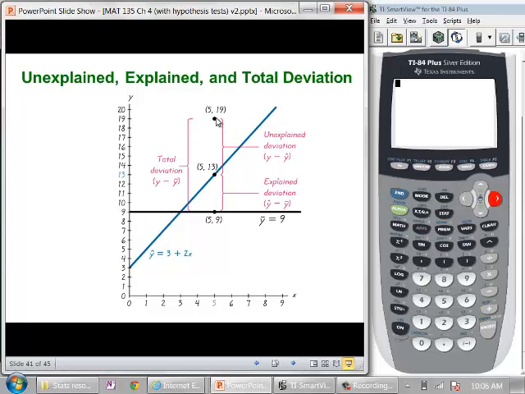Now the unexplained one is the same as the residual. So it's the difference between the y value from our point and the y value on our line. The explained deviation goes from the line to the average y value.